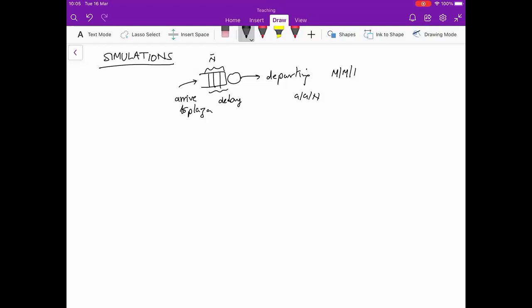And so what we want to do is to know what the state of the system is, and the counter variables. So the state variables are the ones which define what's happening in the system at a particular moment in time.